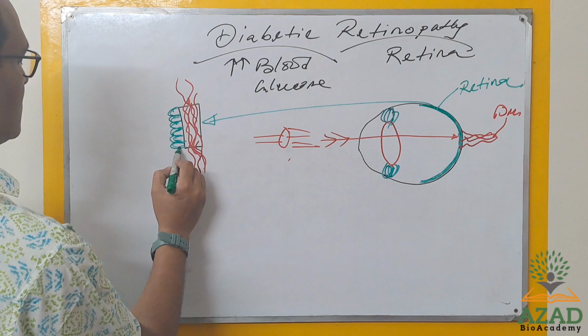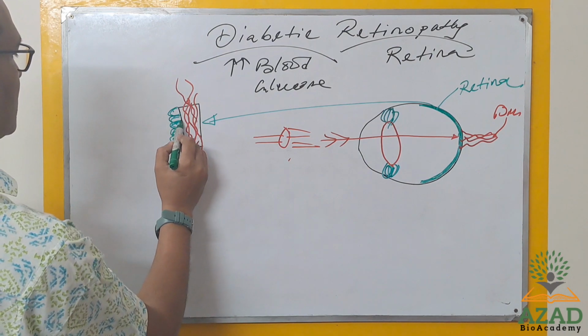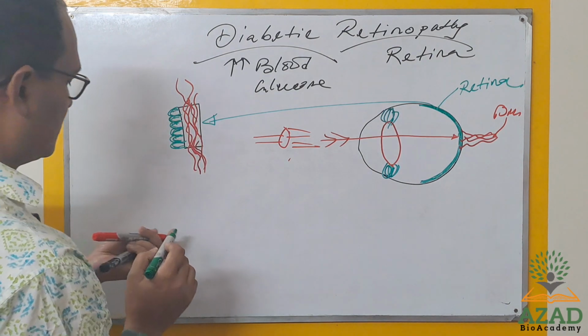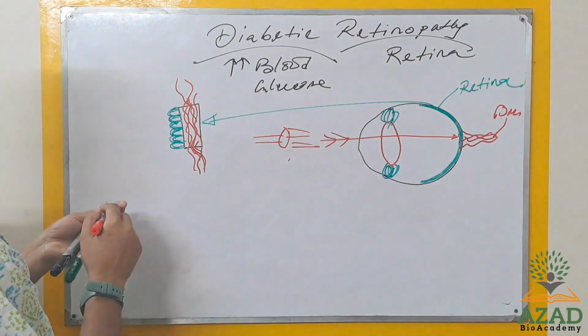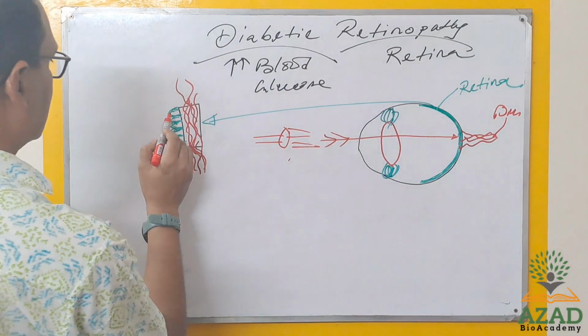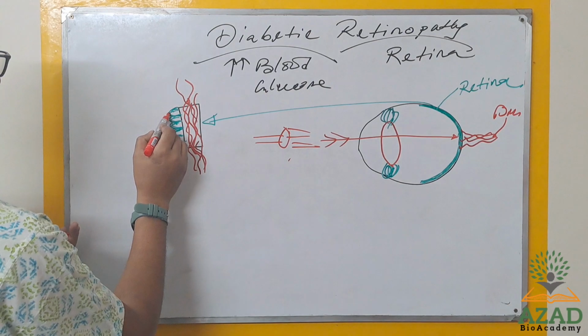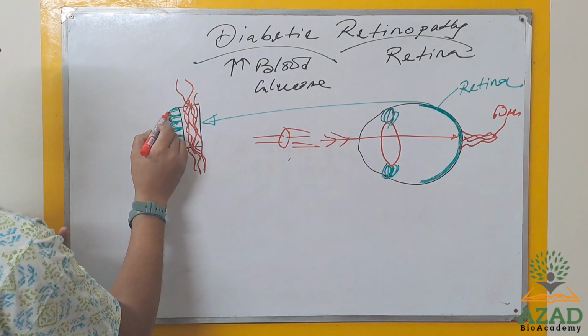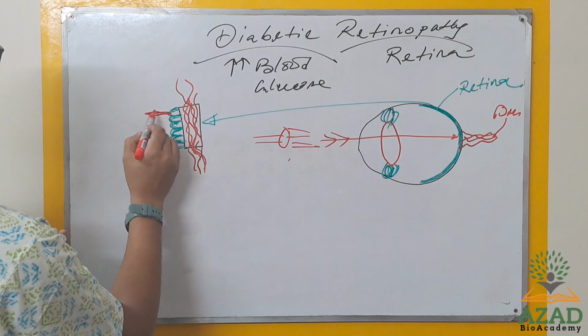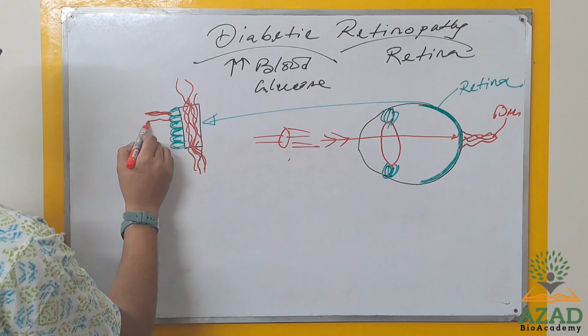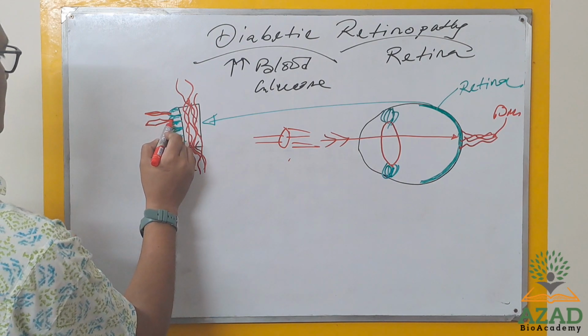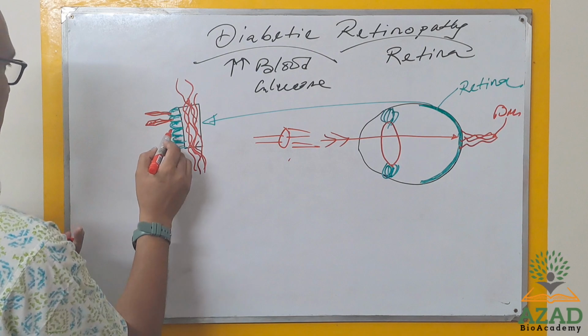You can say this is a very sensitive pigment that will process the light, and it will carry particular cells, different types like that.